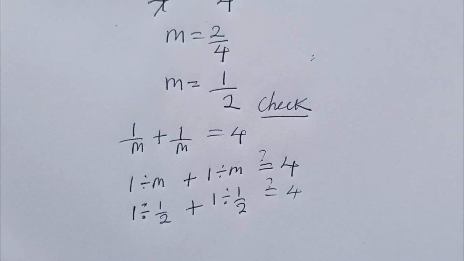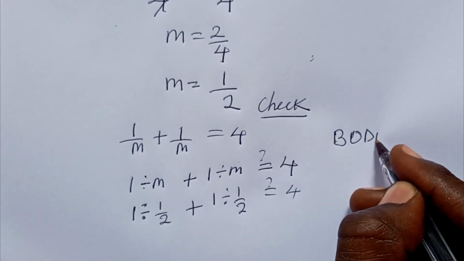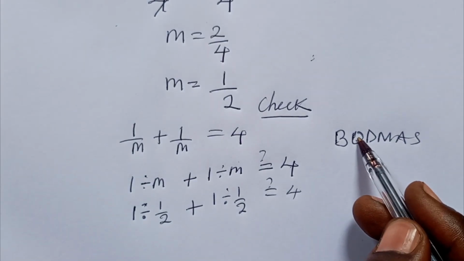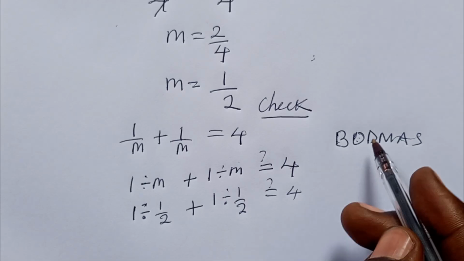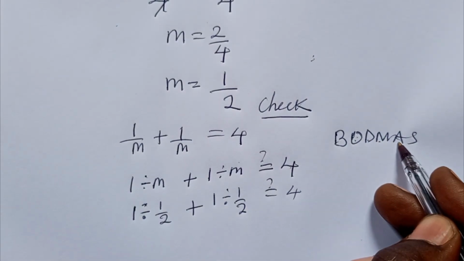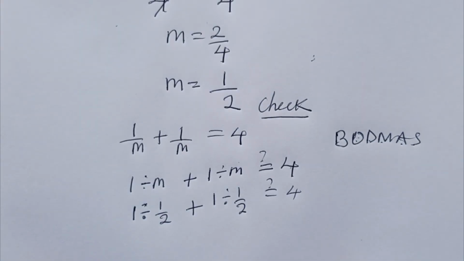So remember our order of operation, commonly known as BODMAS: bracket, order, which is square or you can call it exponent, then division, multiplication, addition, subtraction. So in this, we are supposed to treat our division first.